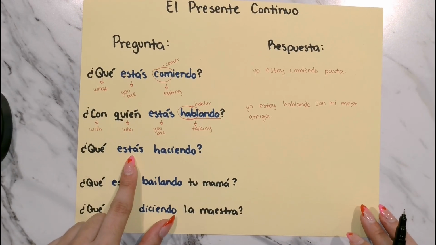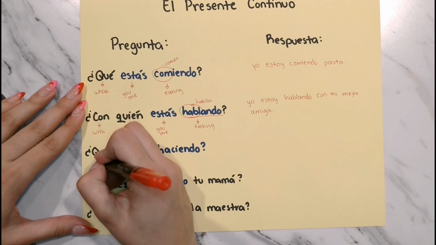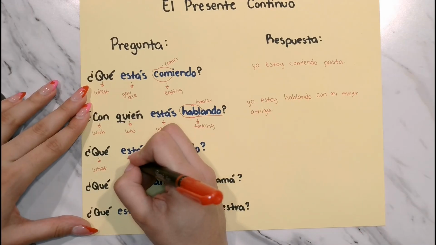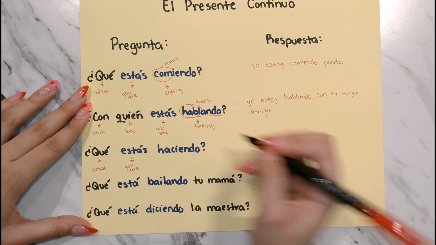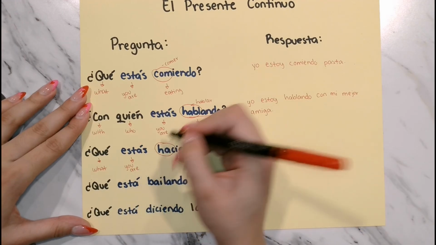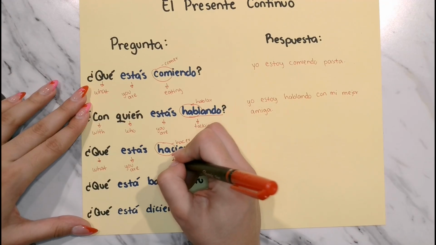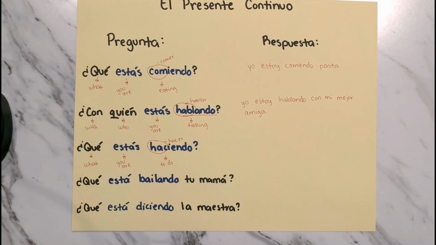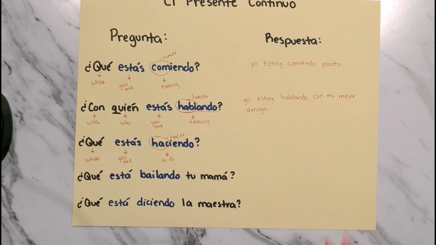¿Qué estás haciendo? Okay? We know que means what. You are. And then this comes from hacer, which means to do. Which, as a question, is what are you doing? ¿Qué estás haciendo?